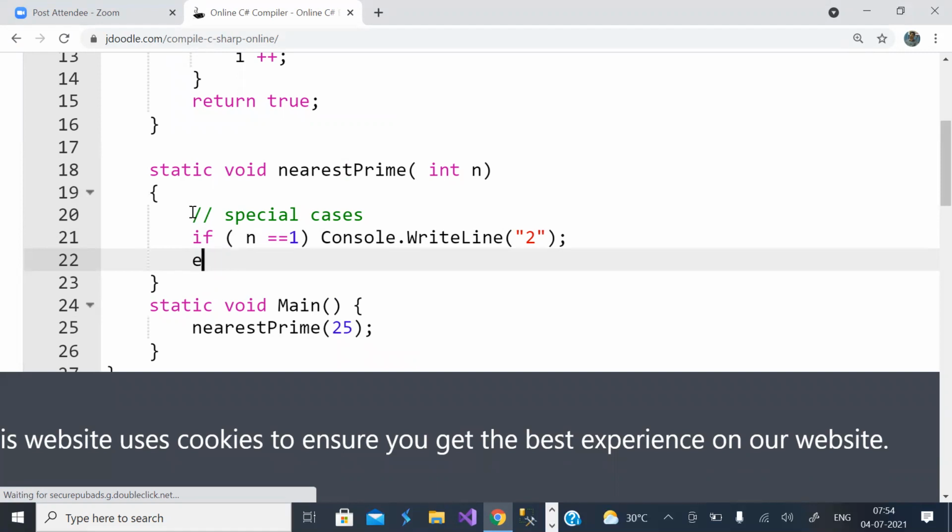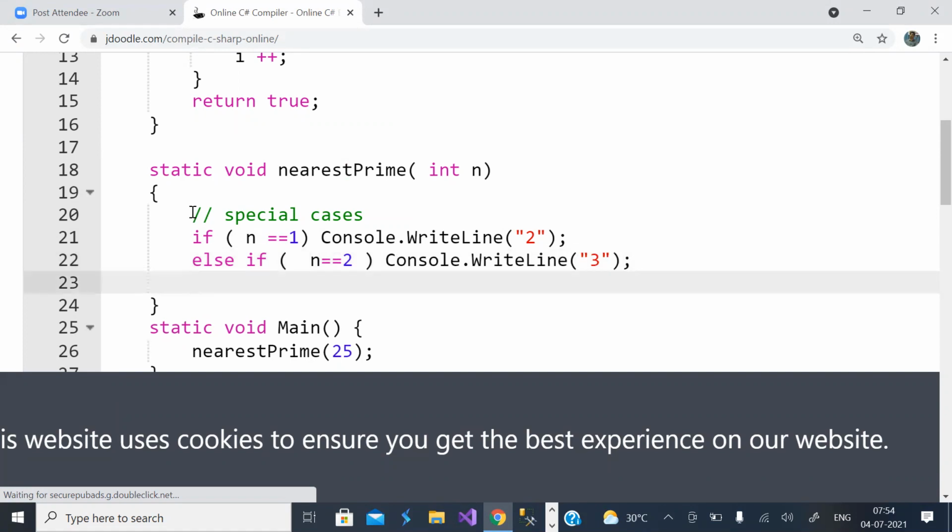Else if n is 2, this time it is 3. Nearest prime is 3. Okay. Special cases are done.